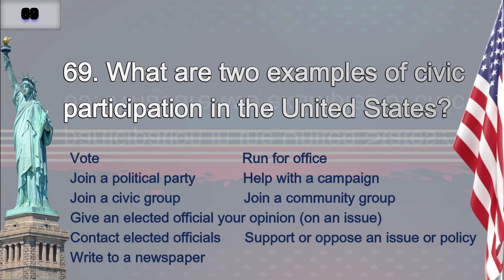Join a political party. Help with a campaign. Join a civic group. Join a community group. Give an elected official your opinion on an issue. Contact elected officials. Support or oppose an issue or policy. Write to a newspaper.